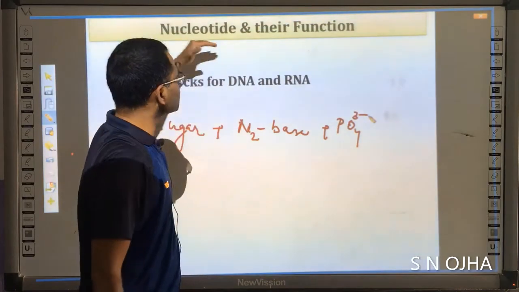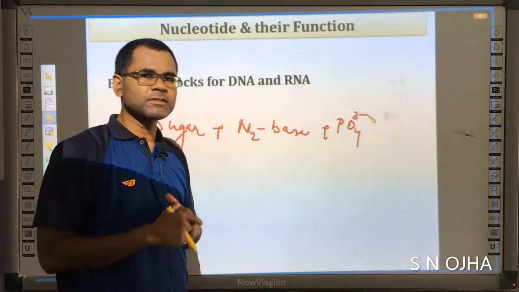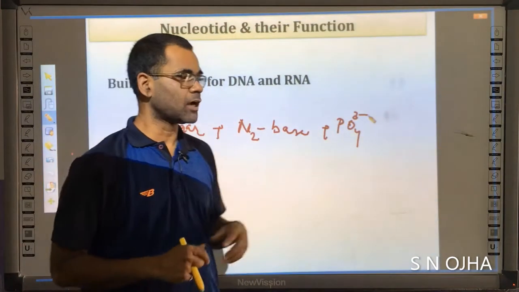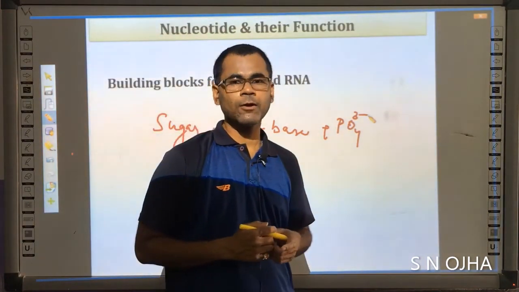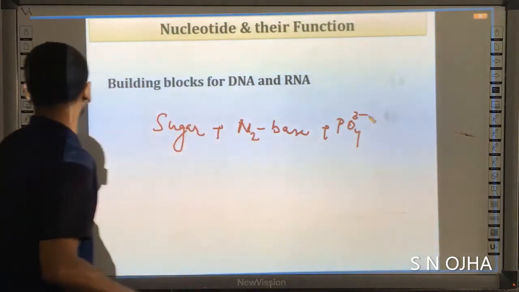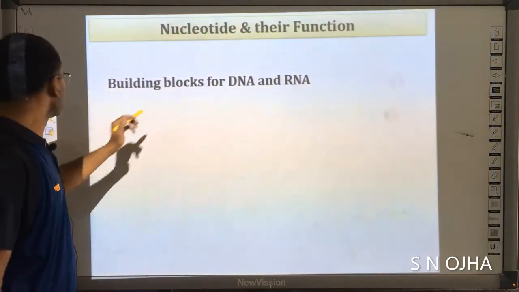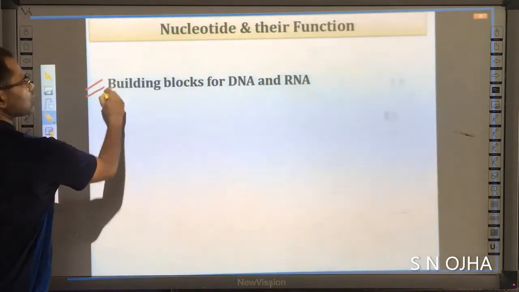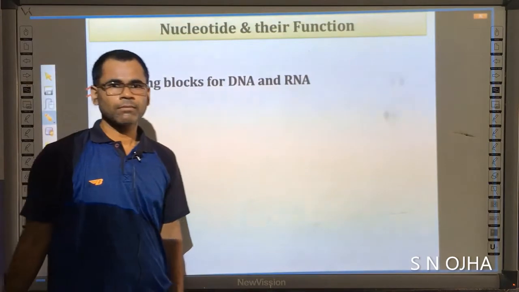So what are the nucleotides available in the living kingdom, and how are these nucleotides behaving as an important function? The first and very important role of nucleotides is that they are the building blocks of DNA and RNA.